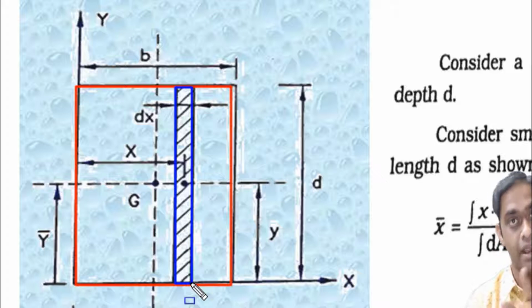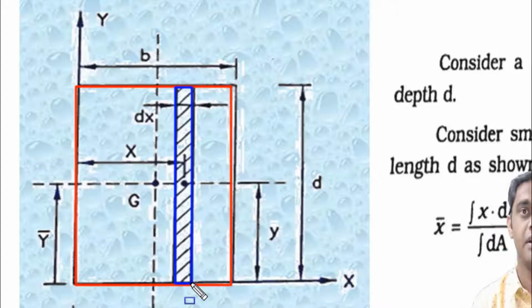If we want y bar, then we will take horizontal strip. Remember this. If it is x bar, then the strip must be vertical. If it is y bar, then the strip must be horizontal. Here I want to calculate x bar, so I have taken the strip as vertical.